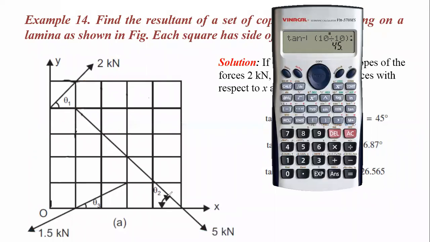theta 2. To find this theta 2, we have to see this distance and this distance. Now measure: 1, 2, 3, 4. It means this distance is 40 because one block is 10. Similarly over here, 1, 2, 3, 4, 40.